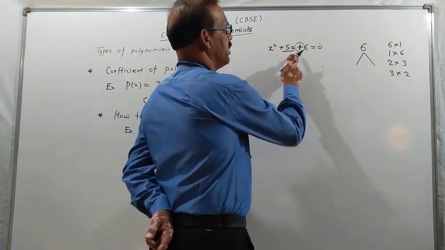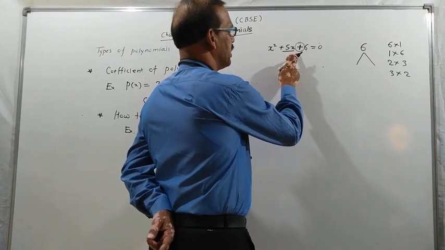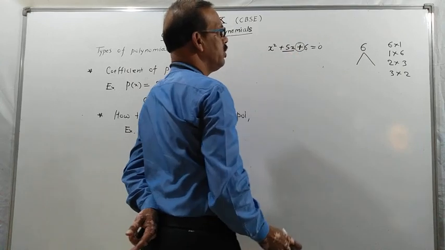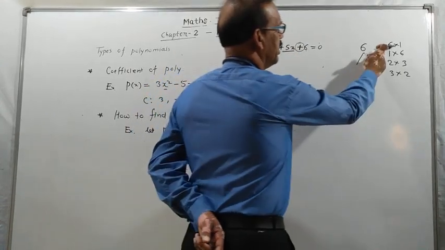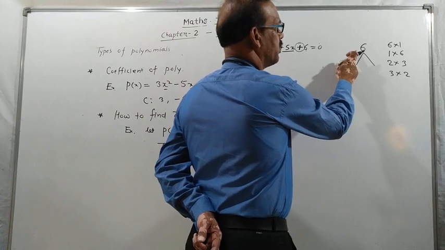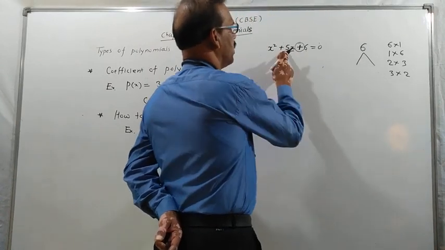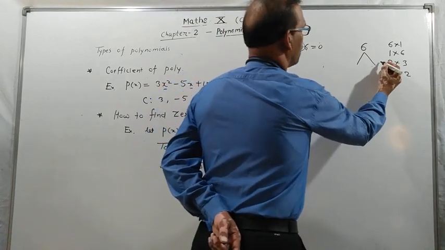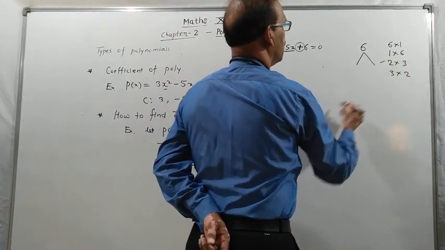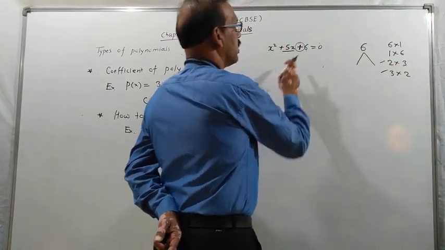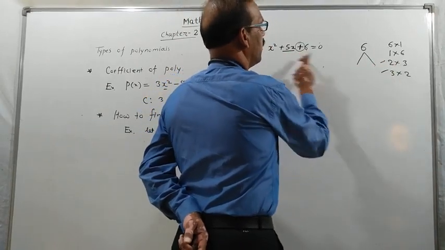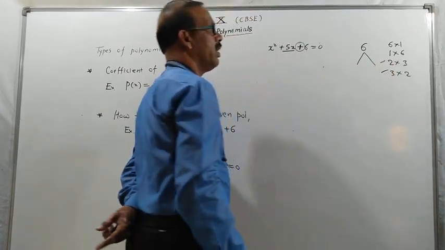In some cases there is a minus also, but in this example there is a plus. So you decide, using these factors of 6, the sum of which two factors gives the middle term. 2 plus 3 is 5, and 3 plus 2 is also 5.